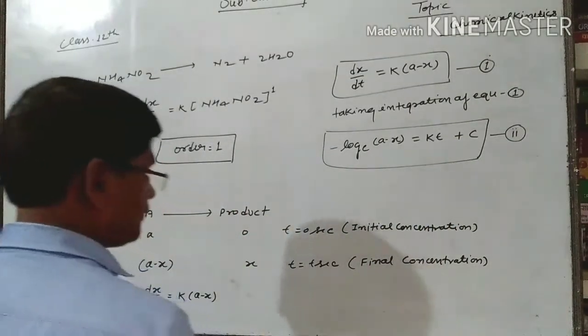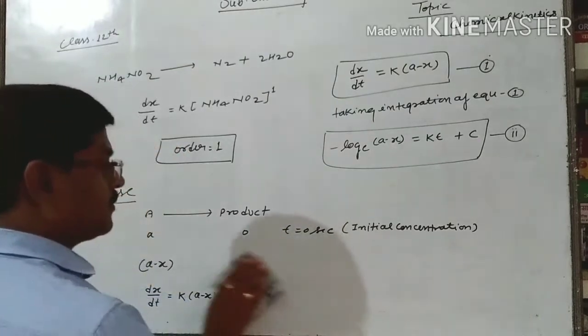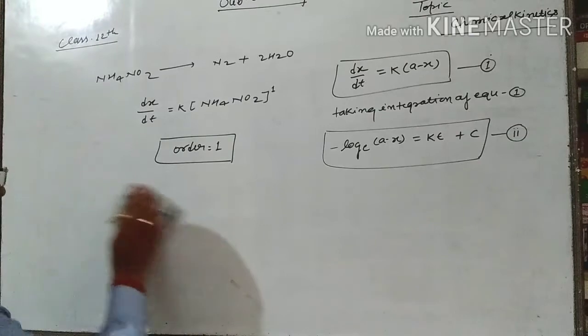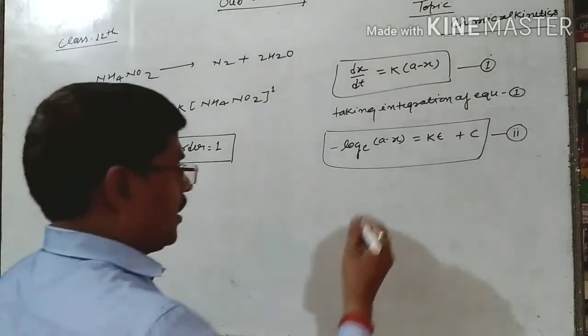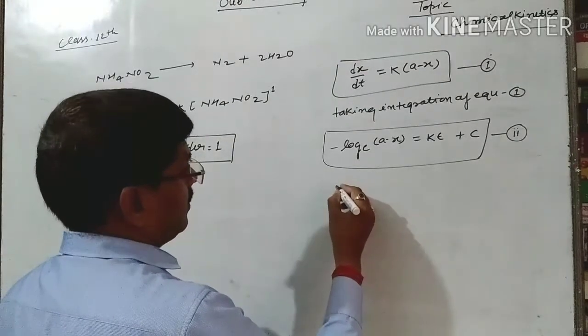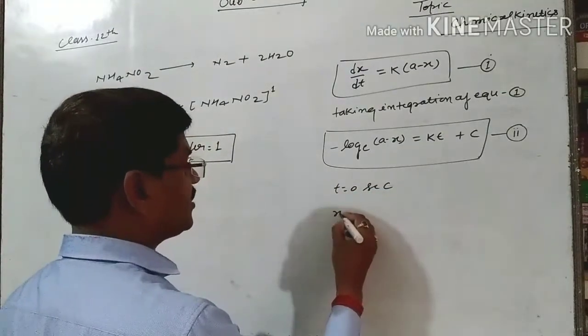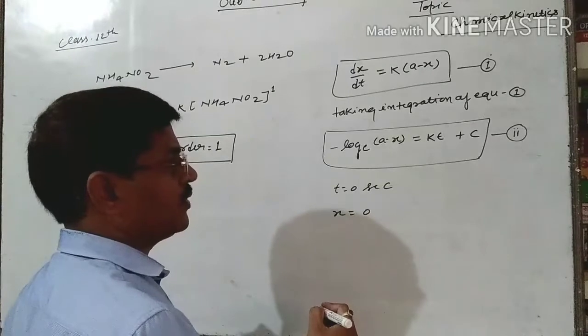After that, if t is equal to 0 second, then x is equal to 0.